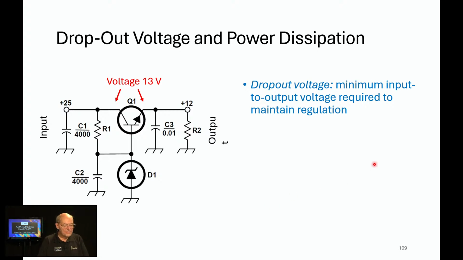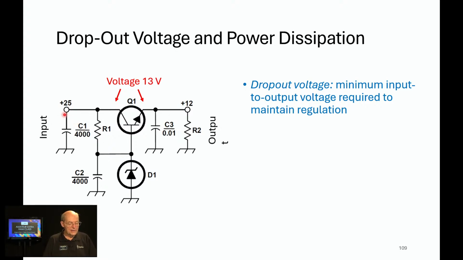Now, this is a concept that's going to take us back to our technician training. They ask, first, dropout voltage is the minimum input to output voltage required to maintain regulation. So we've got 25 volts here, we want 13.8 here.